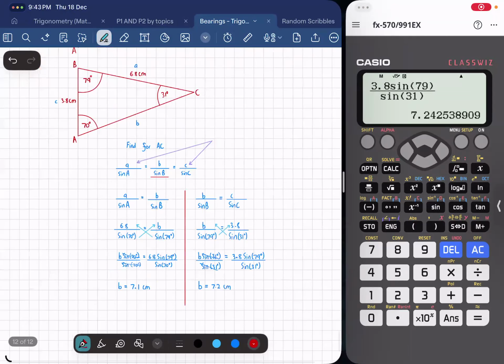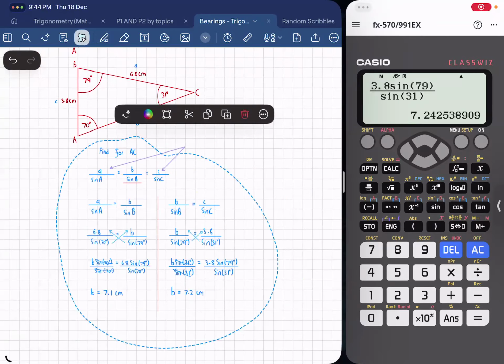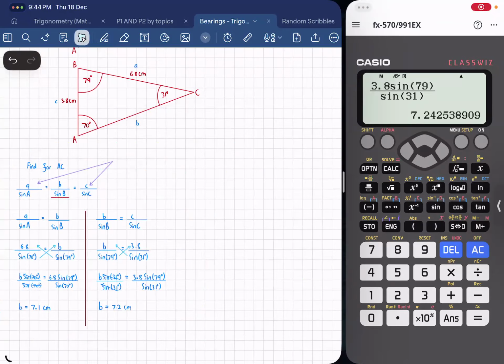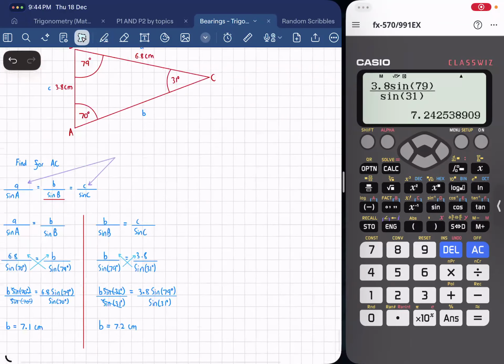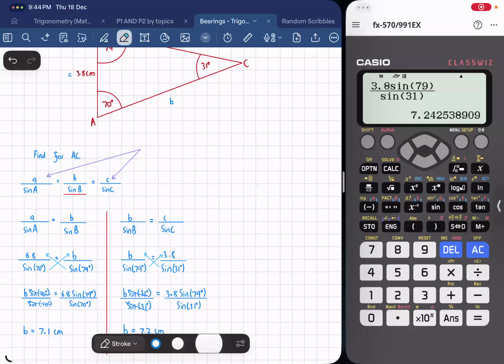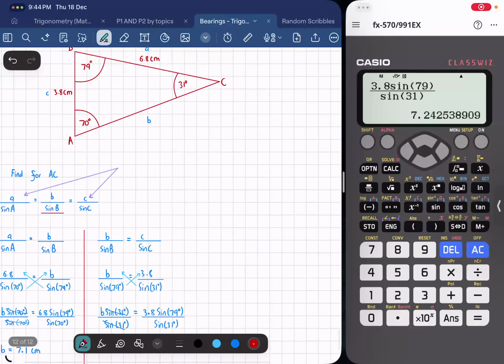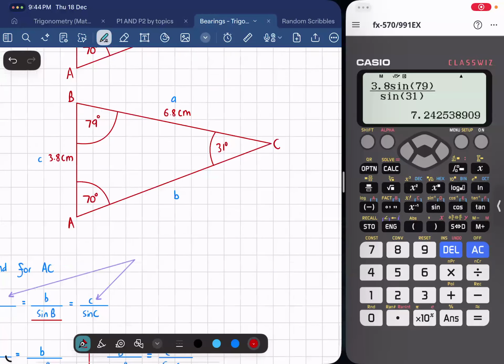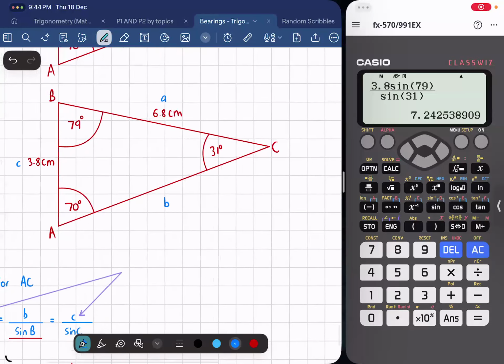All right. But there was another way you could answer this question. You could have used the cosine rule. And when we use the cosine rule, we're supposed to get an answer real close to 7.2. Great. So tell me, what would the cosine rule look like for this question?